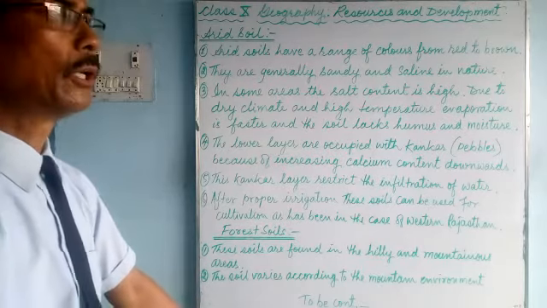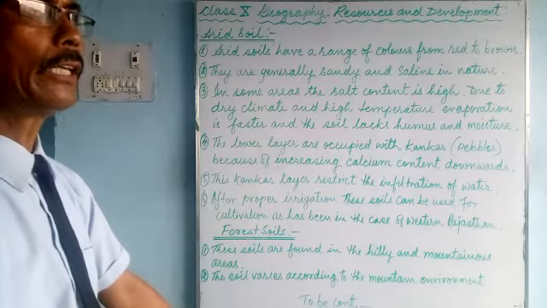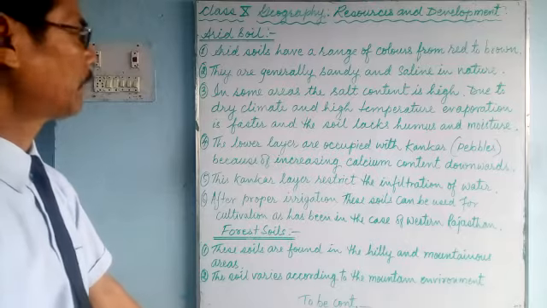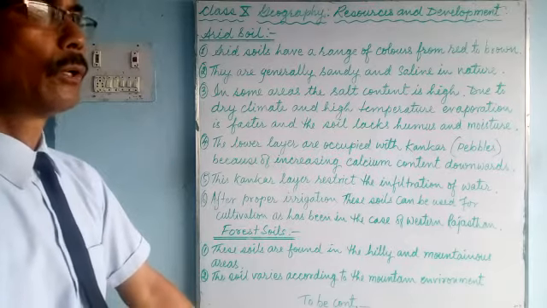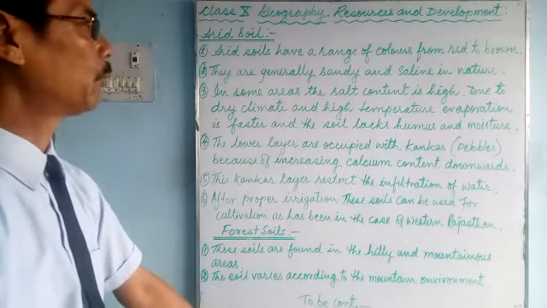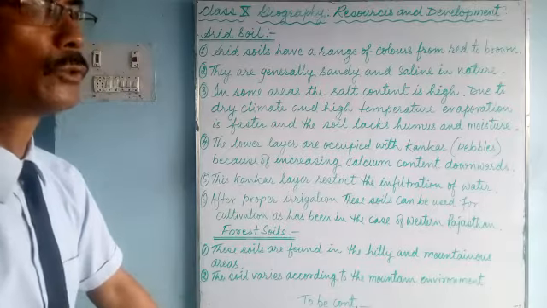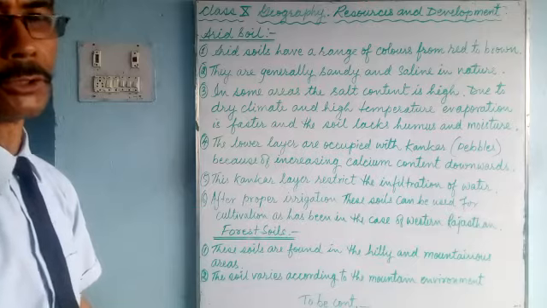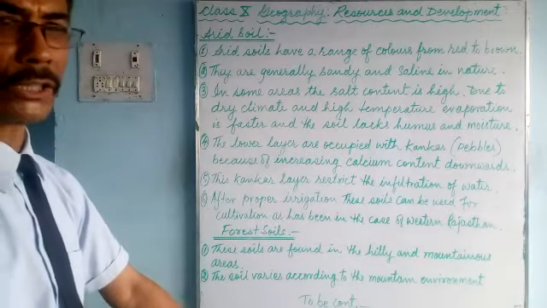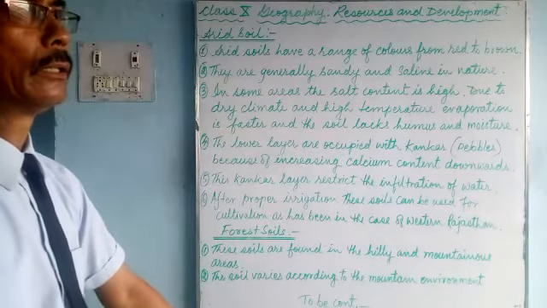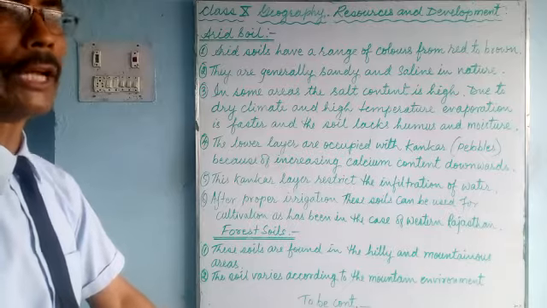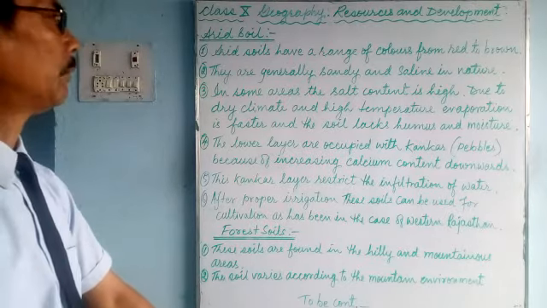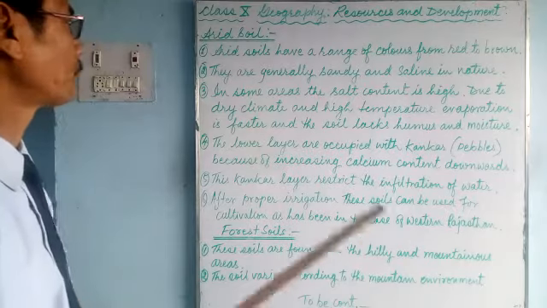But since there is very little rainfall, you will not find many types of plants here. Only thorny shrubs are found. So the soil contains very little humus and moisture. Moisture means the water content in the soil. There is very little moisture and humus because of the dry condition of the area.